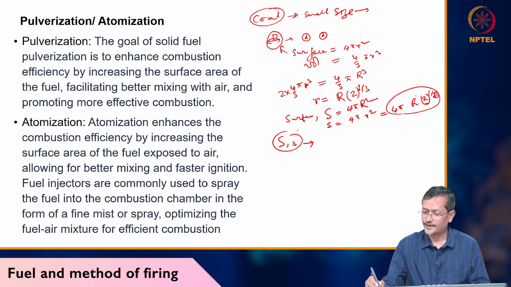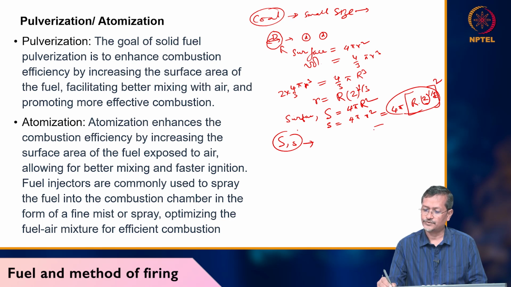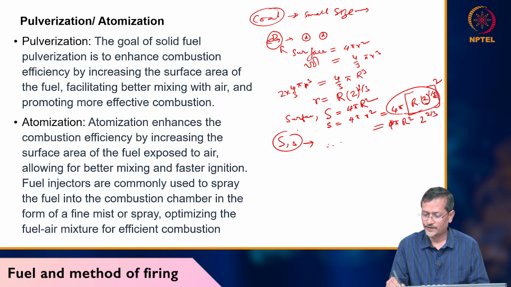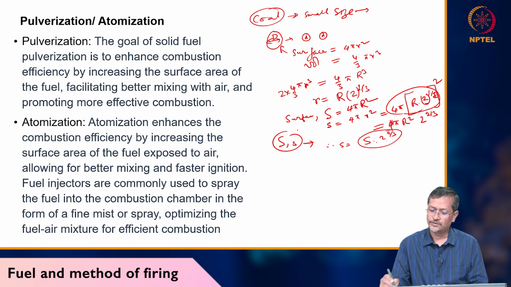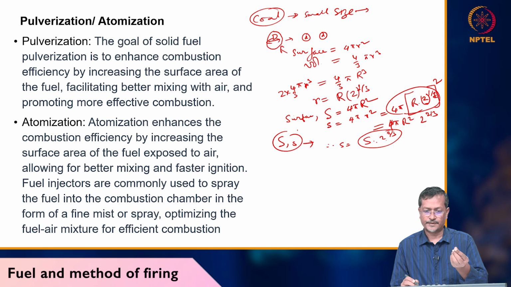Or I can write 4 pi r square, so 4 pi r square to the power 2 by 3. Therefore S equals 4 pi r square means S into 2 power 3. So you can see this surface area increased for smaller diameter particles.